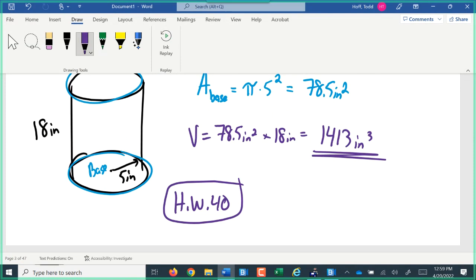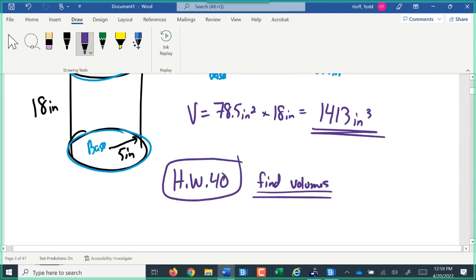So for right now in Homework 40, work on finding volumes. It asks you to find surface areas. We'll work on that next week. Remember, I am gone tomorrow, so you don't have this class tomorrow. Work on finding volumes for now. Next week we'll look at surface areas. Also, we have not talked about spheres yet, so you don't have to find the volume of anything that has a round ball.